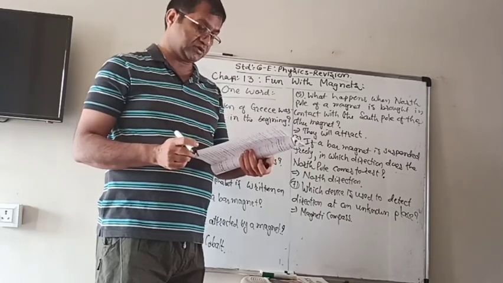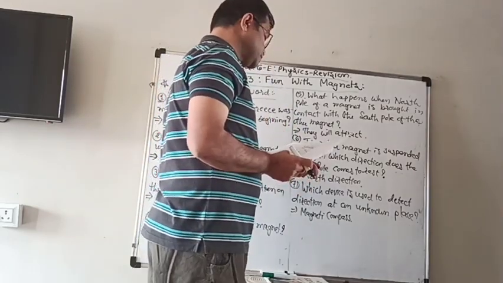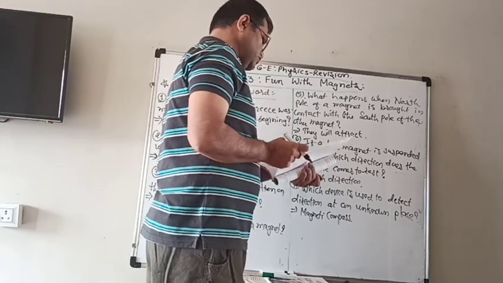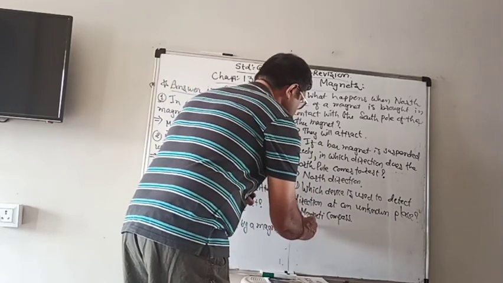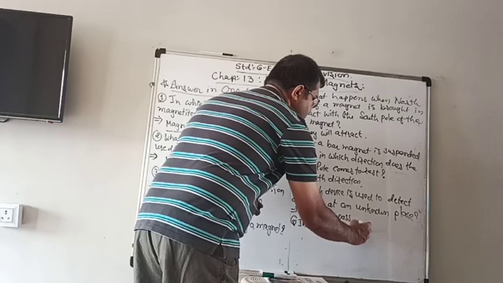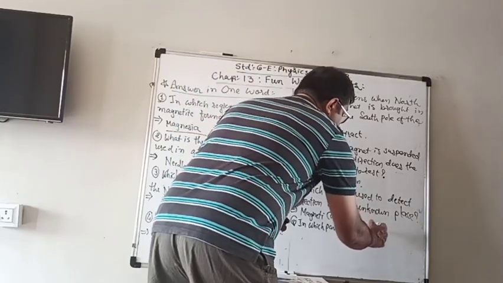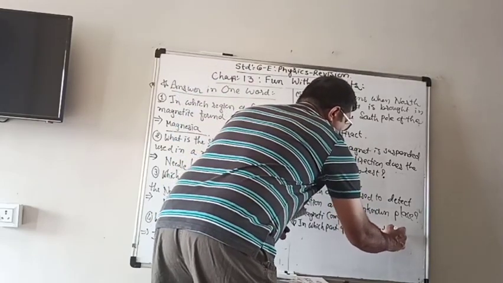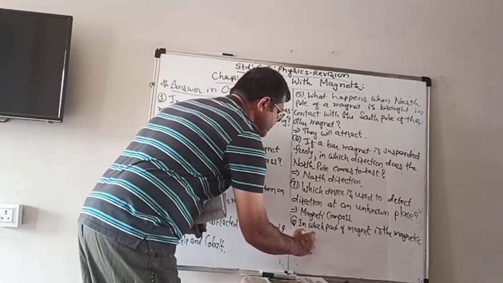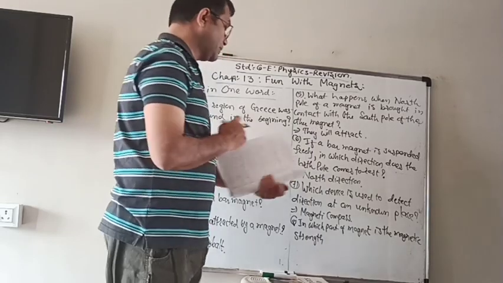Then the next: in which part of a magnet is the magnetic strength maximum?